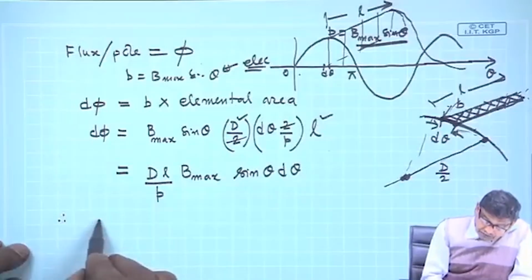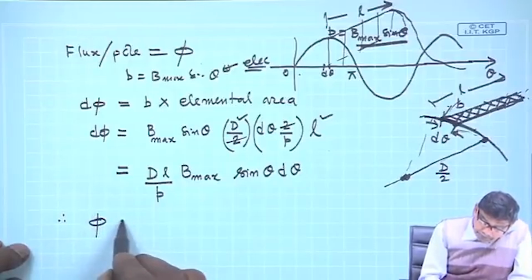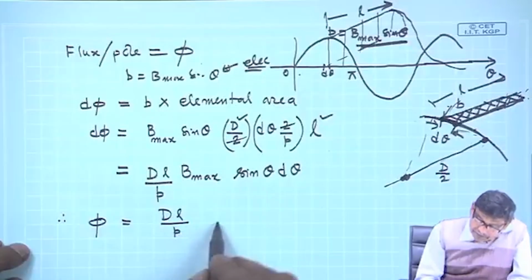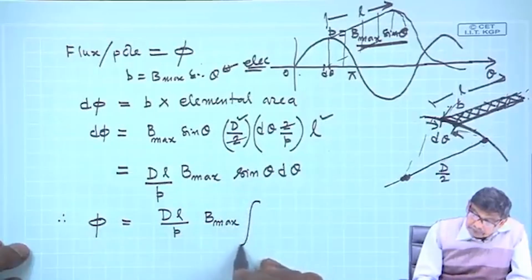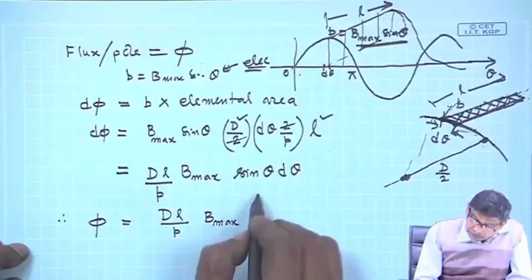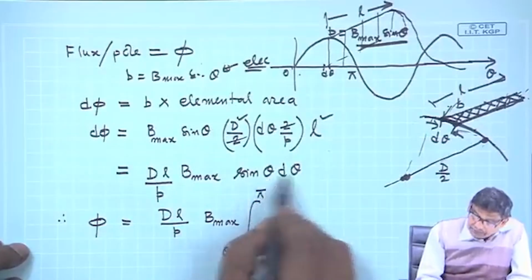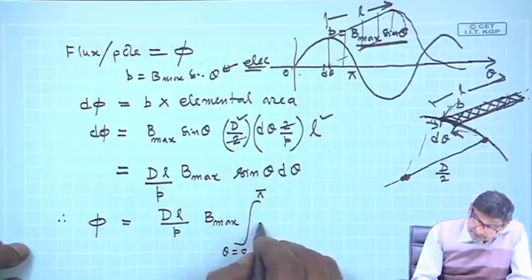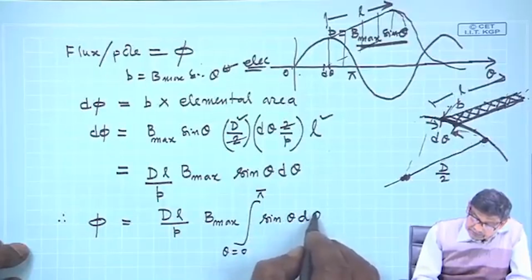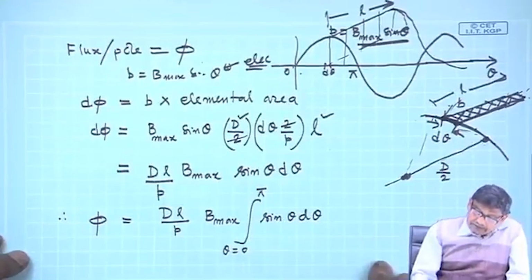Therefore, to calculate flux per pole, D L by P B max, I have to integrate this from theta equal to 0 to pi, because everything is in electrical degree. So, it will be sin theta d theta, is it not? This will be the thing.